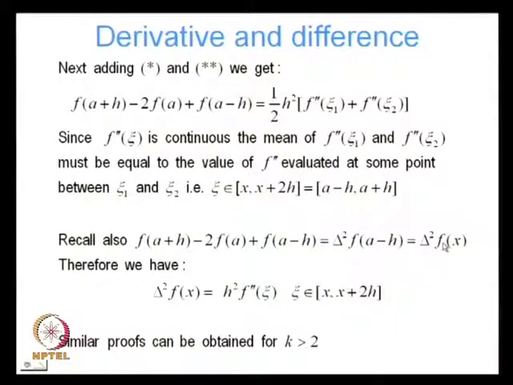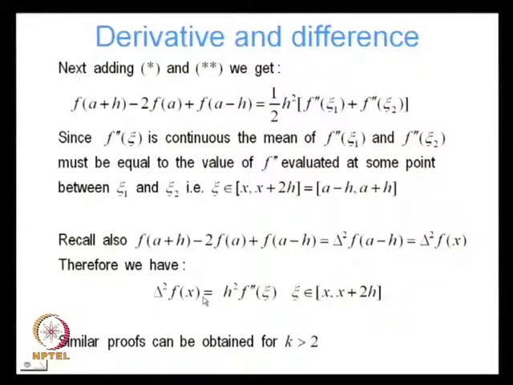So, what do I get finally? I get del square f(x) is equal to h square times f double prime of xi, where f double prime of xi is the mean of f double prime xi 1 and f double prime xi 2, and I know that xi belongs to the interval x to x plus 2h.